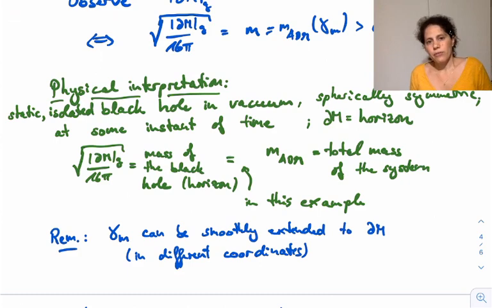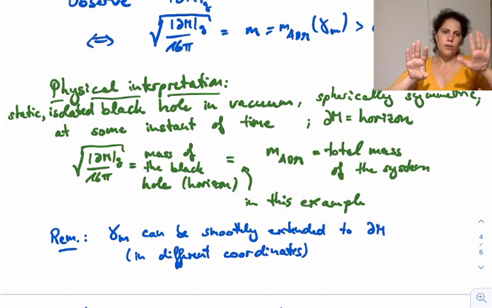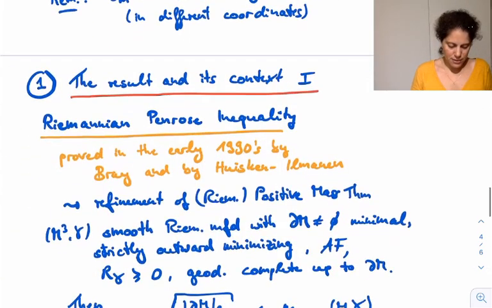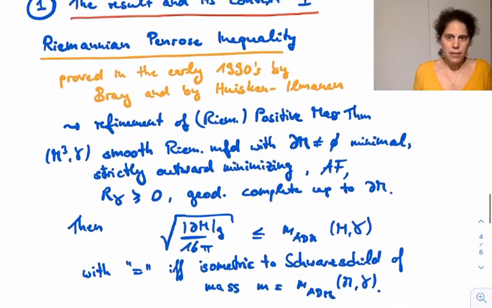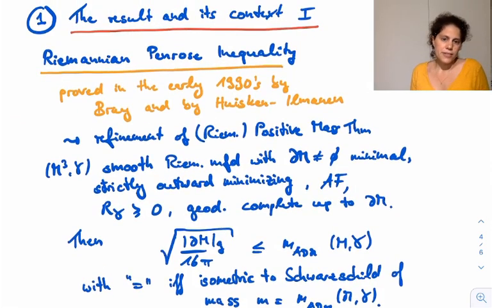Okay, so we've now seen this identity between the mass of the Schwarzschild black hole horizon and the total mass of the Schwarzschild system. In fact, there's a much deeper result called the Riemannian Penrose Inequality that I would like to go into now, which is related to this identity.